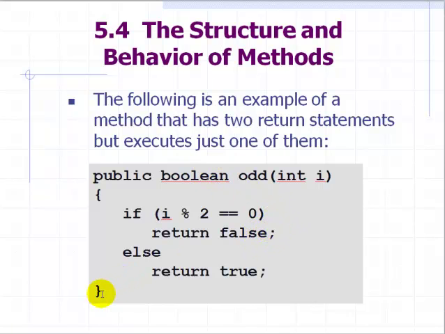We are at the end of our method and completely done. If it is not even, this would be false, and we would go to the else part of this body, and we would return true. In this case, you will only reach either this return statement or this return statement, and it's perfectly fine to kick out early if you're done.